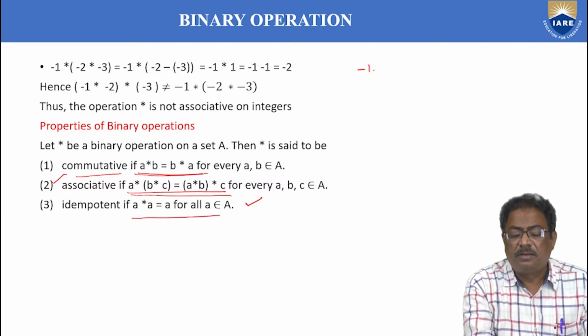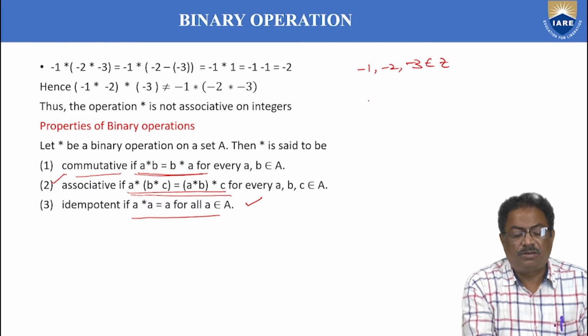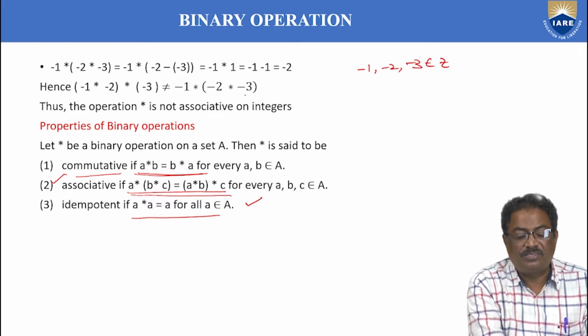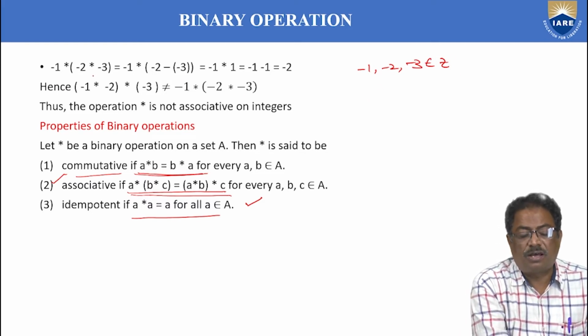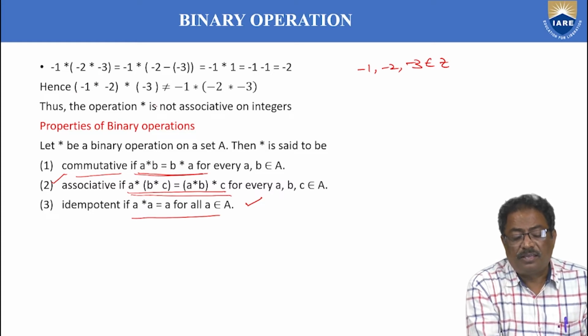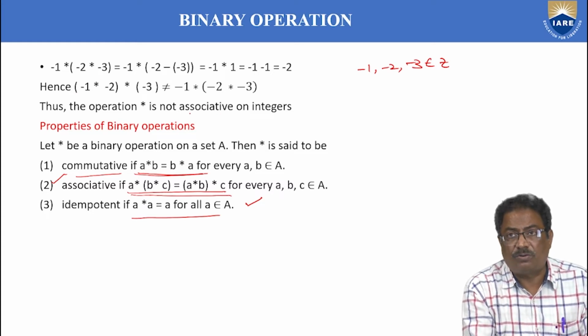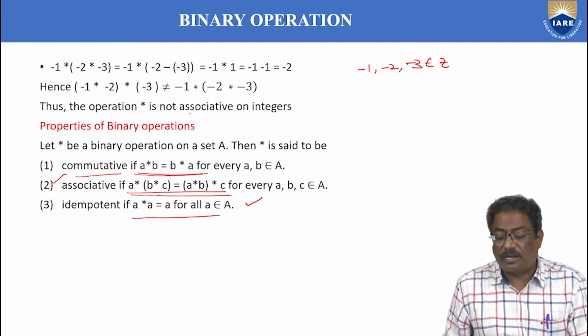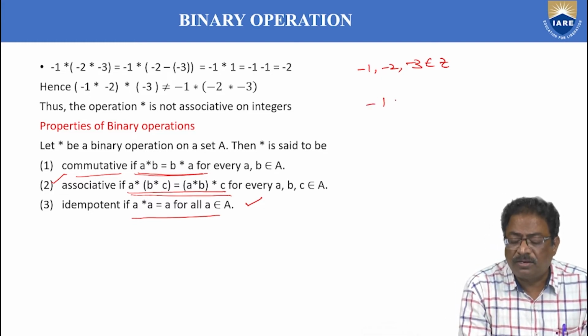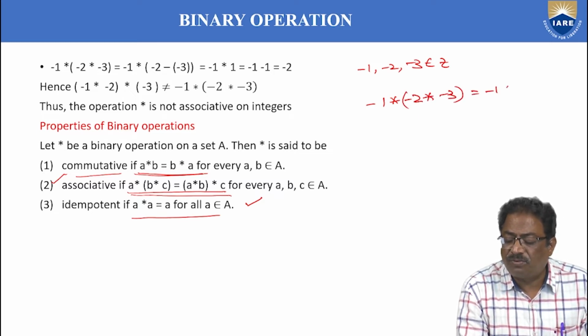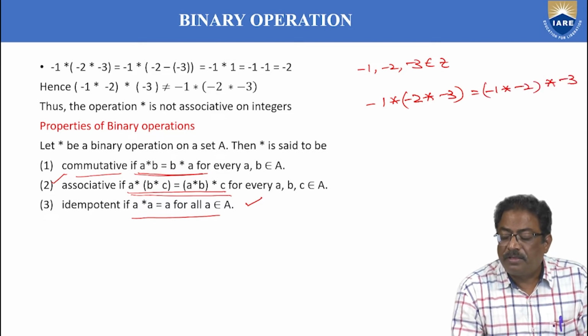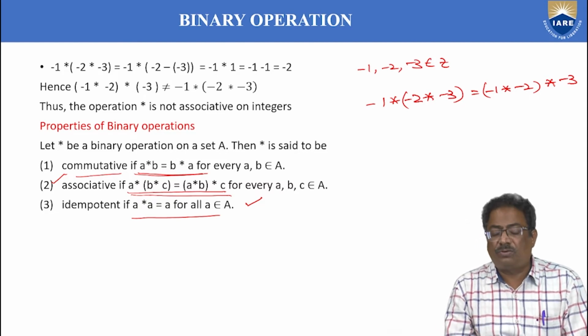I am just considering -1, -2, -3 belonging to Z. So now we have to verify whether the condition -1 star -2 star -3 is equal or not equal. Whether these two are equal or not, we have to verify.